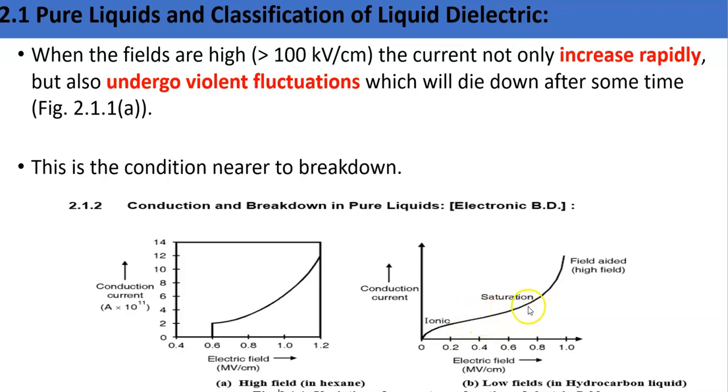The growth of current will not be very large because the field is not high enough to have different phenomena happening in the liquid. We consider primary ionization and secondary ionization in gas. In liquid, we cannot apply primary ionization, because in the gas electrons are loosely bound and the atom-to-atom distance is very large.